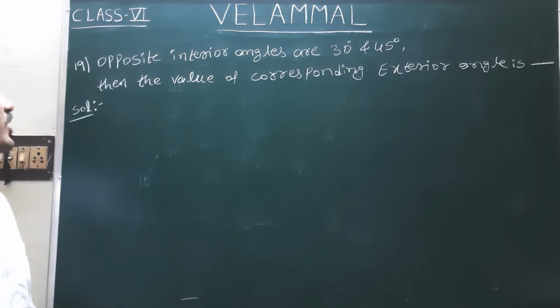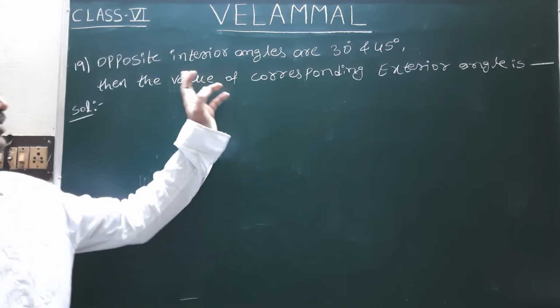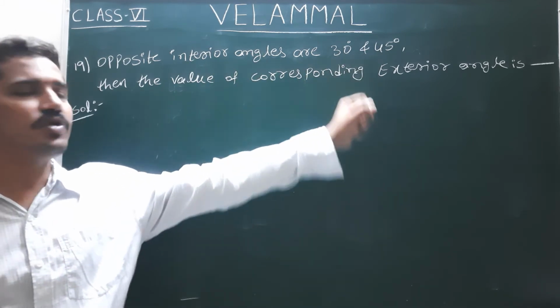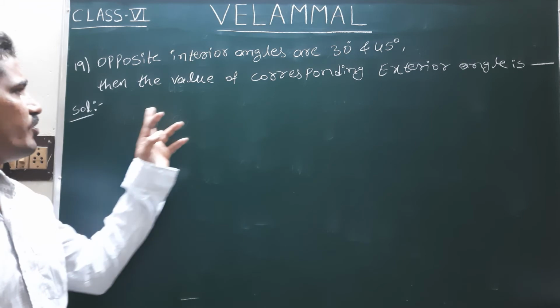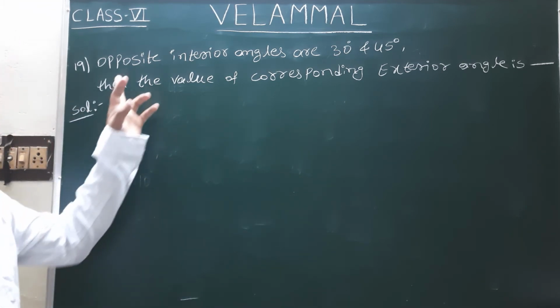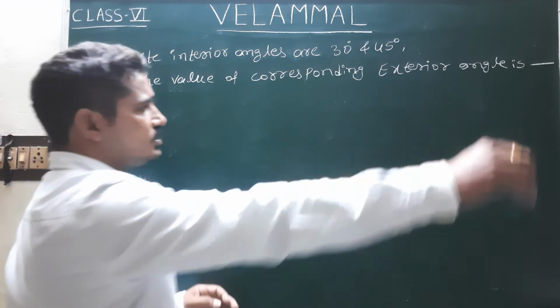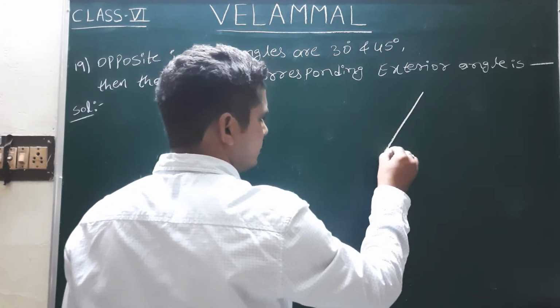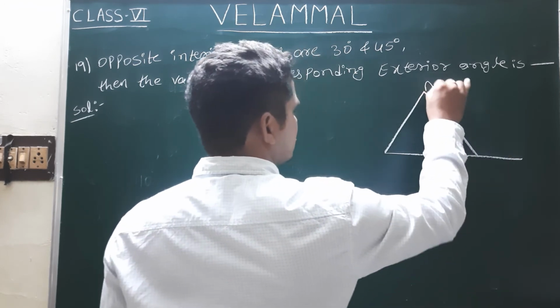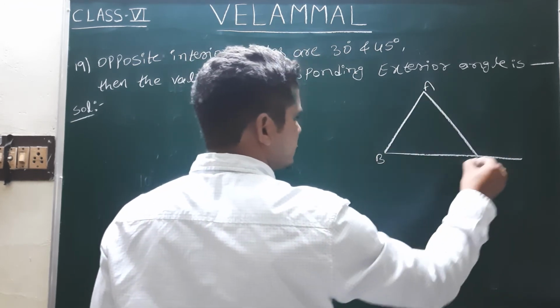Next we have the 19th question: if in a triangle the opposite interior angles are 30 degrees and 45 degrees, then the value of the corresponding exterior angle is dash. See, opposite interior angles. Let us consider a triangle, let it be triangle ABC.